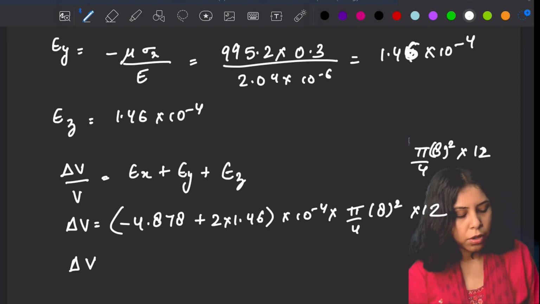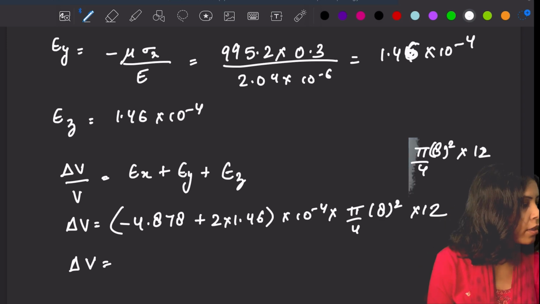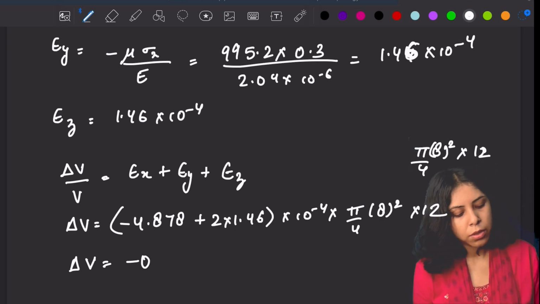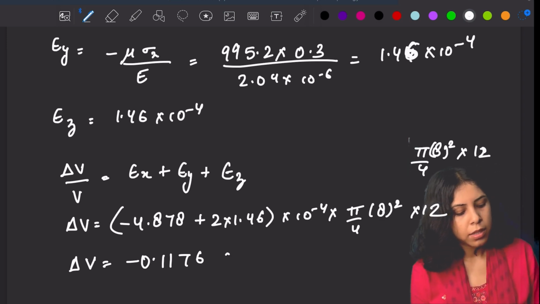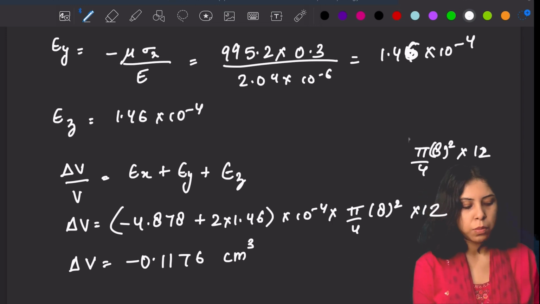So the change in volume will be minus 0.1176 centimeter cube.